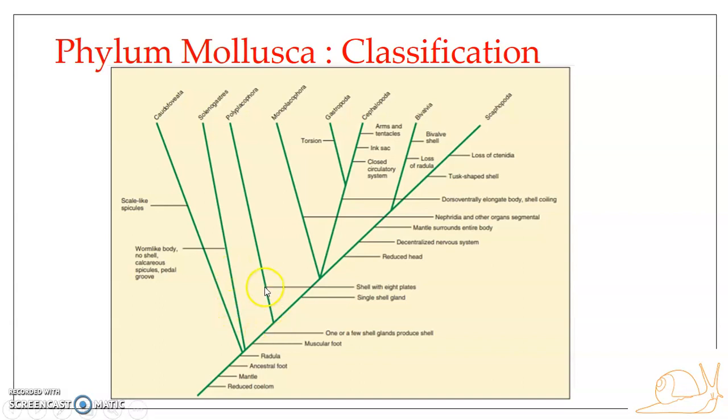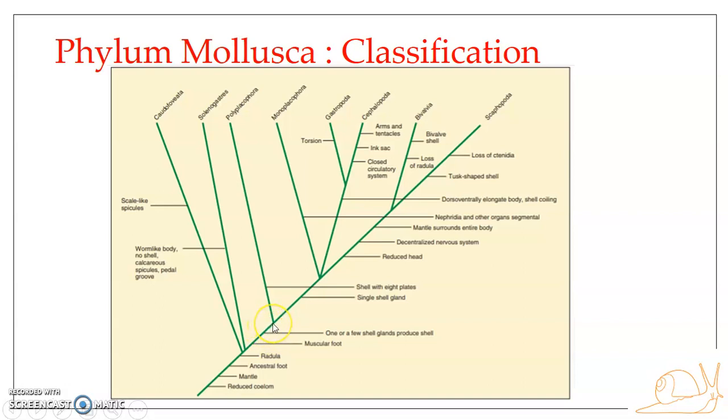Next to evolve was Polyplacophora. It evolved from an ancestor having all these characters plus a muscular foot, because the ancestral foot evolved into a muscular foot, and shell glands and shell evolved in the later ancestor.